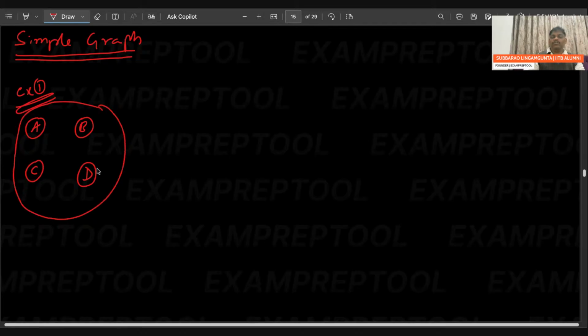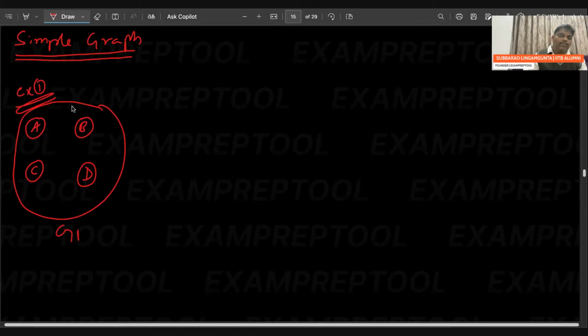This is one simple graph, assume G1. This is one type of simple graph where every vertex has degree 0.